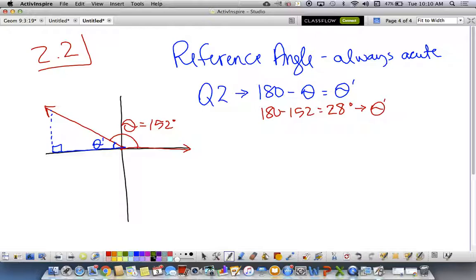What if I draw theta into the third quadrant? So here's my theta. It's going into the third quadrant. Where am I drawing my triangle to?